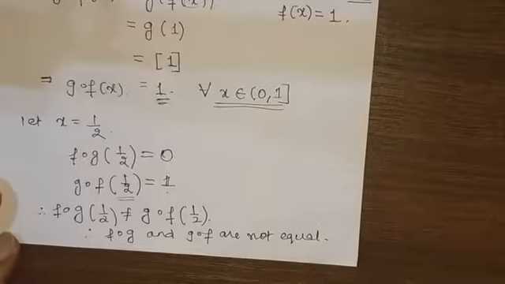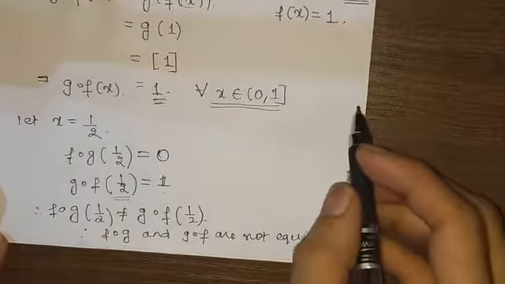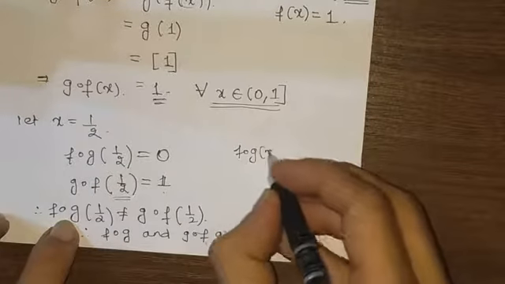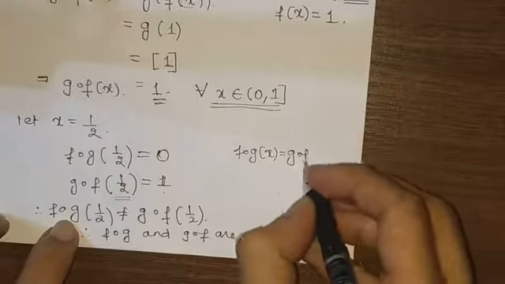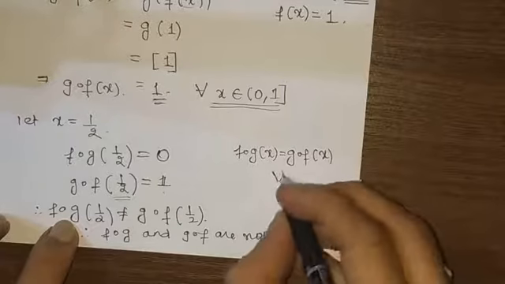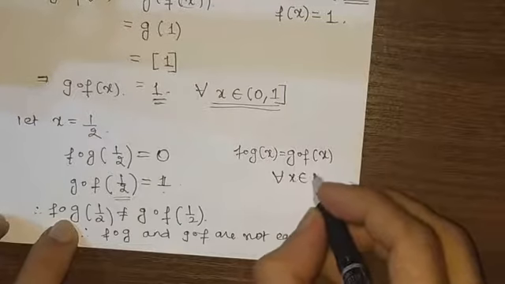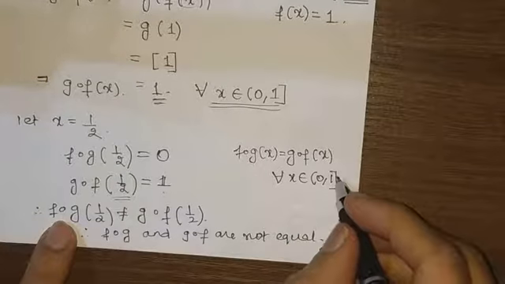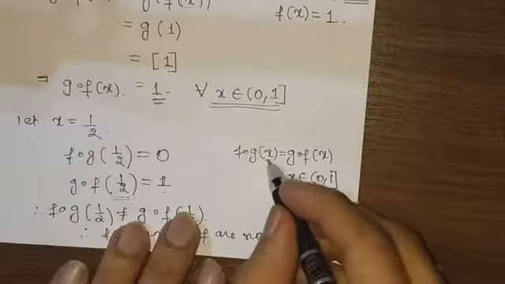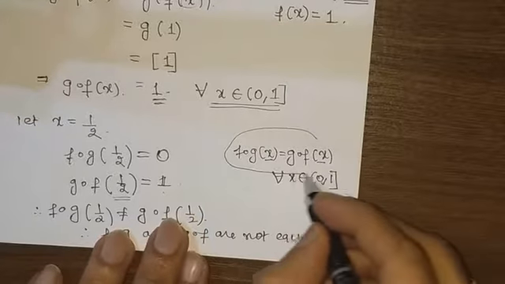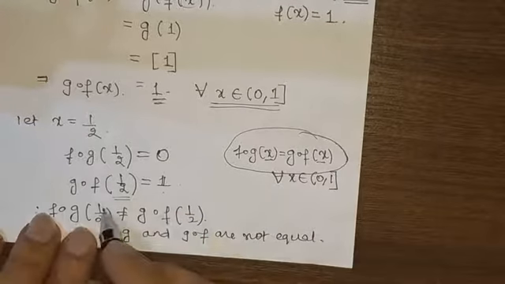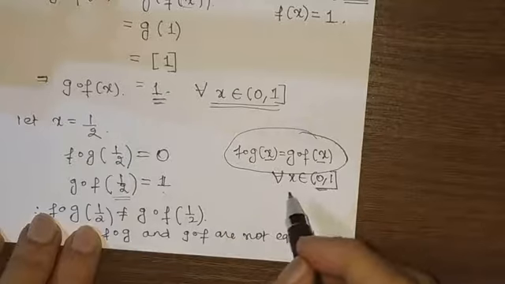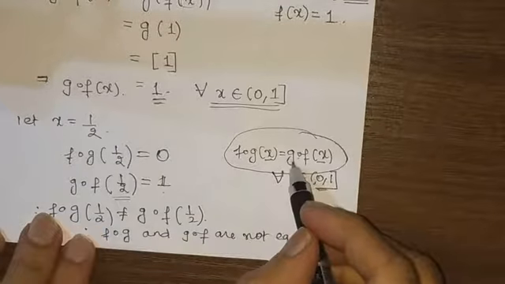Why are they not equal? Because the functions will be equal when f composition g of x is equal to g composition f of x for all x belonging to the given set, that is open 0, 1 closed. For all x this should be true, but we have found one x, that is half, in this set, such that this condition is not satisfied.